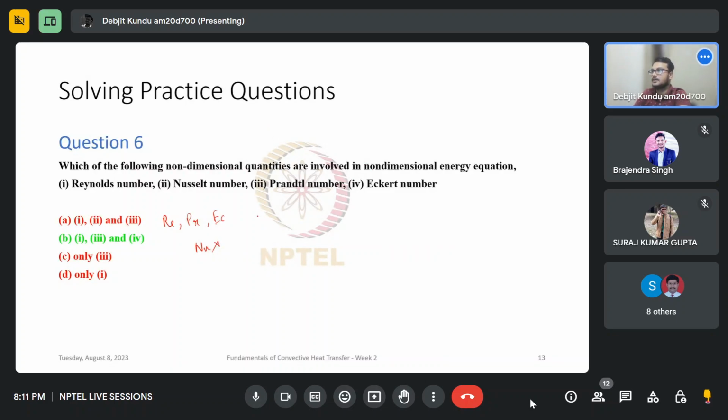So the energy equation, I'll write it in one dimension only.